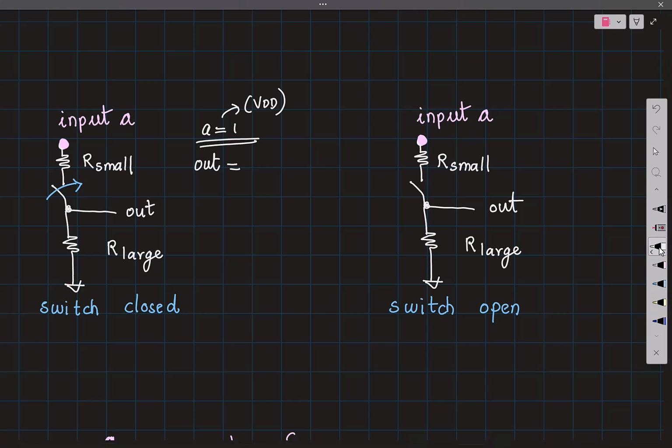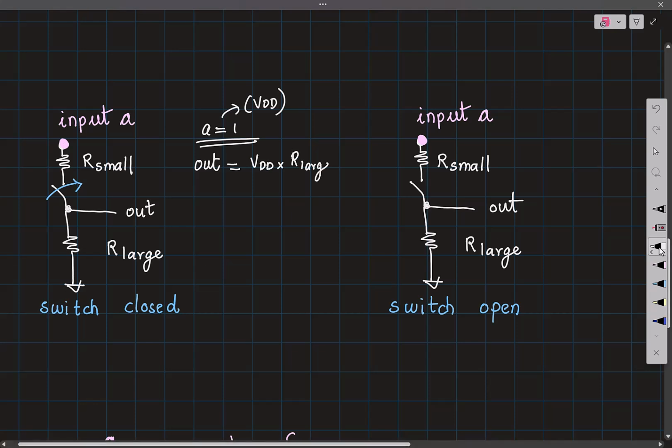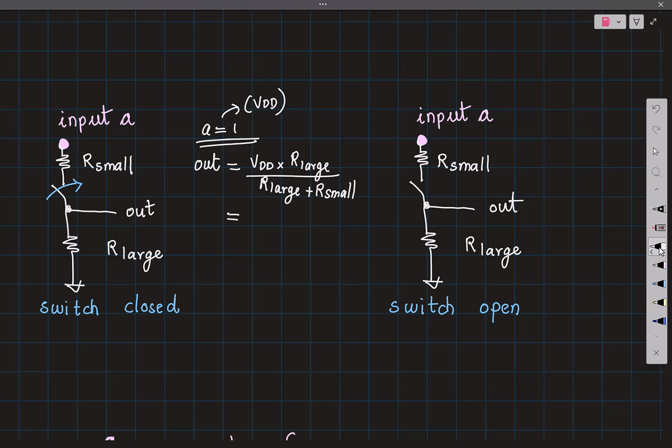Why do you say it is 1? This is a resistor division, right? So this will become equal to VDD into R large divided by R large plus R small. Is there an approximation that you can make here? So if R large is much greater than R small, this is almost equal to VDD, which means your output is equal to logic 1.